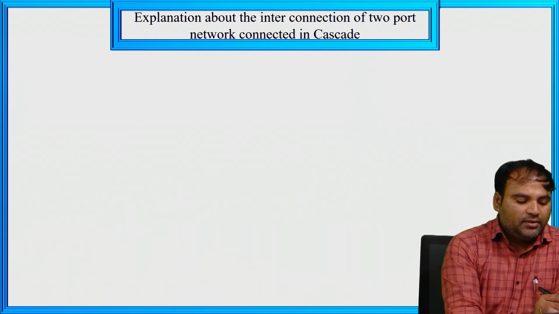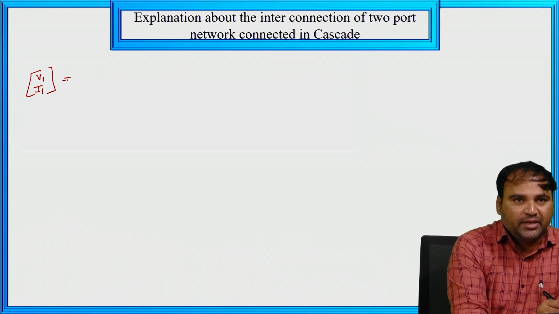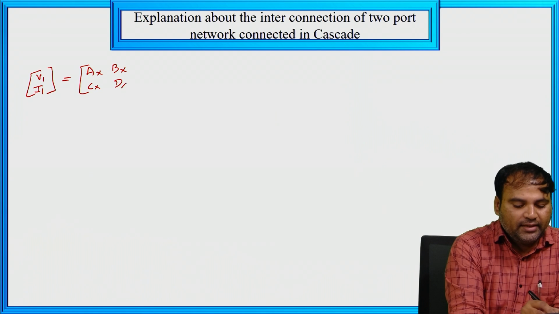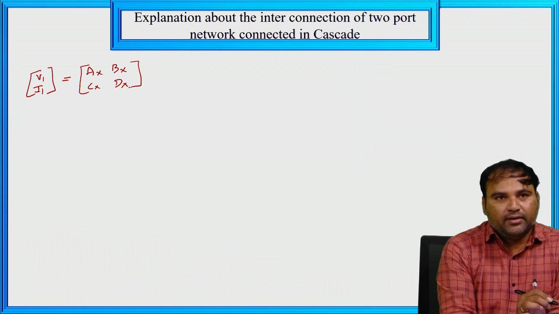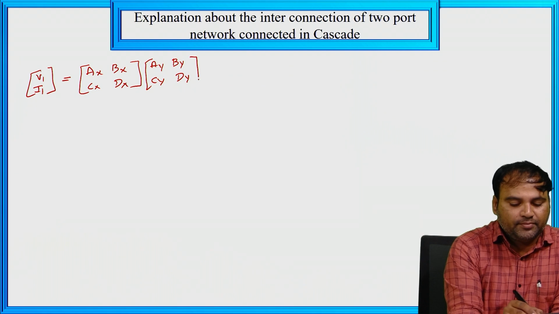So the main input voltage V1, I1 is equal to the matrix AX, BX, CX and DX, times the matrix AY, BY, CY and DY, and the main output voltage and current is V2, minus I2.